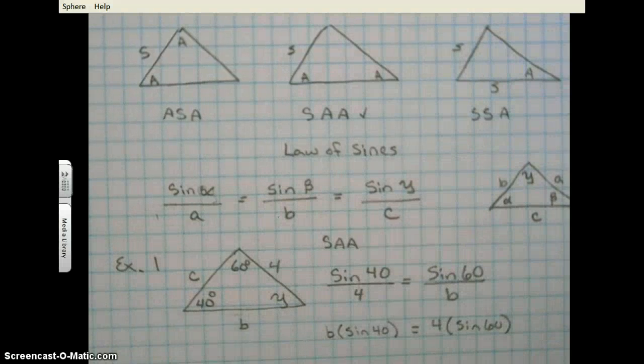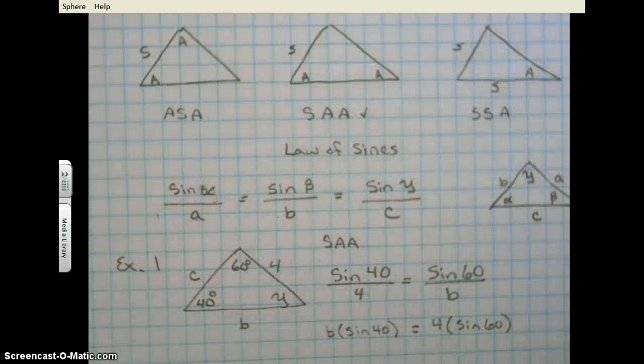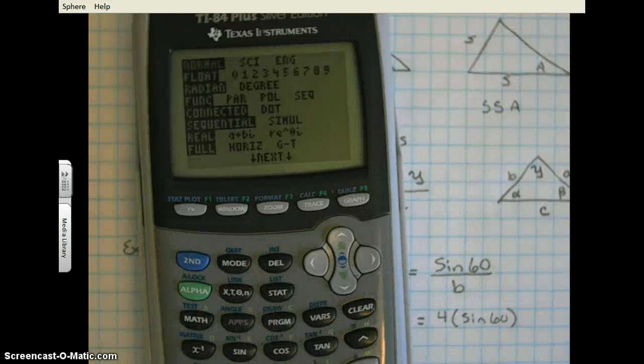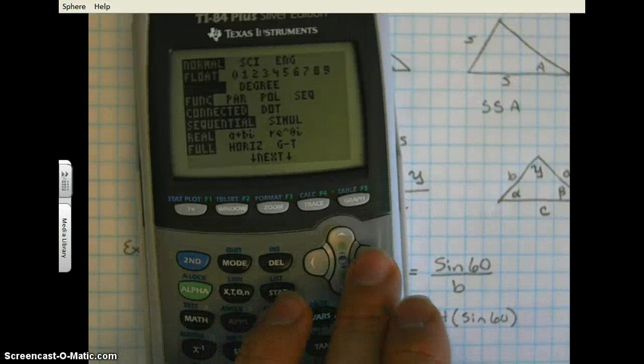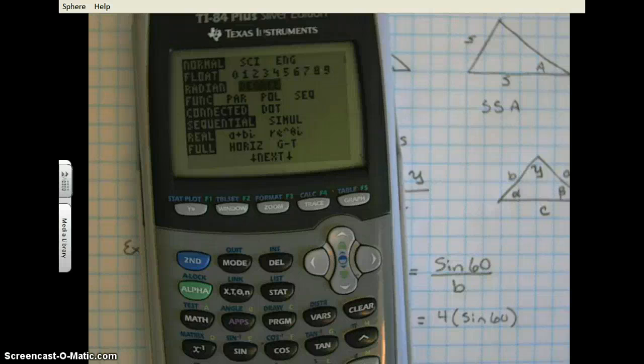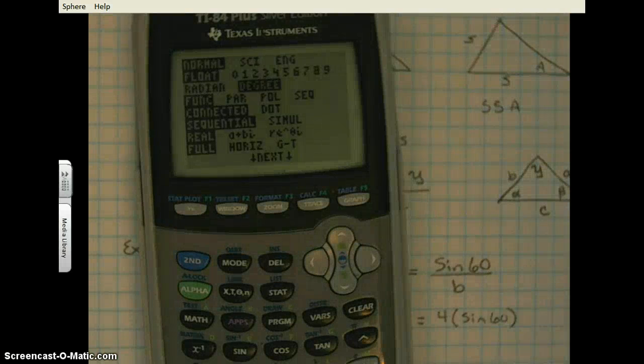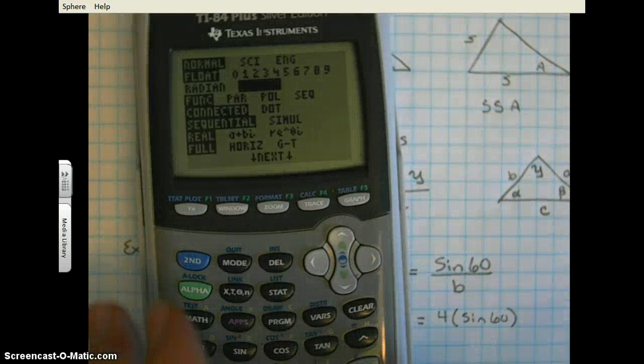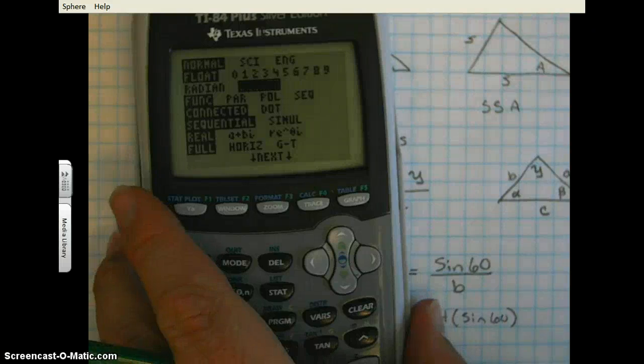Okay, make sure that you are in degrees. So remember, go to mode, make sure you're in degrees. Remember, if you don't have a calculator at home, you can use desmos.com. That will also work for you.